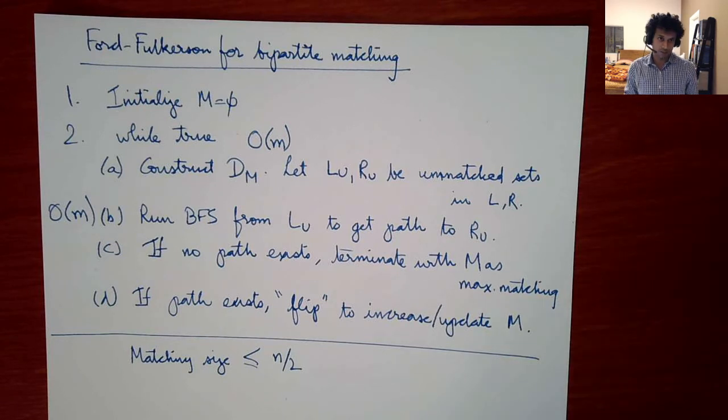And this is the static version. You could have online versions where people are coming and you have to match them. Also, the theory of matchings is one of the most fundamental parts of combinatorial algorithms. It appears over and over again, especially in theoretical computer science.